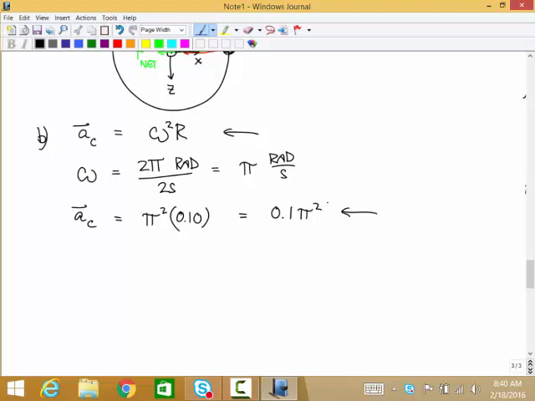You can recognize that that vector is pointing in the negative x direction and just write it as negative 0.1 pi squared, 0. Or you can think of putting the tail of that vector at the origin of the coordinate system.